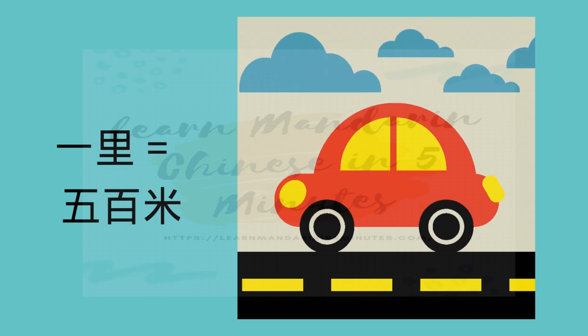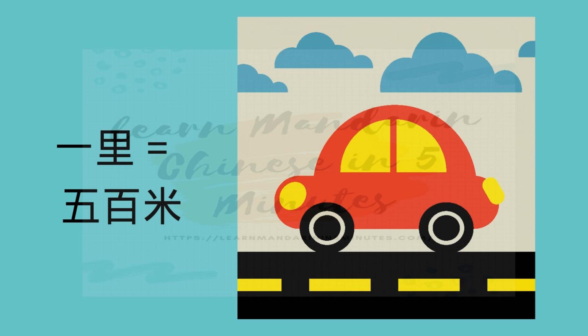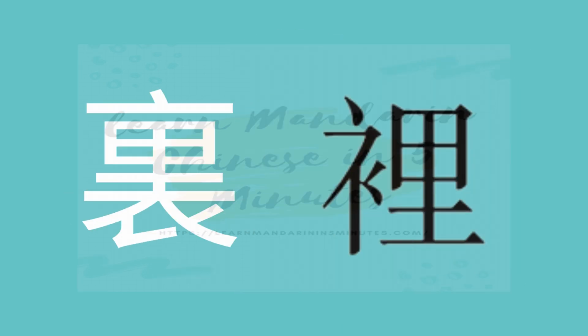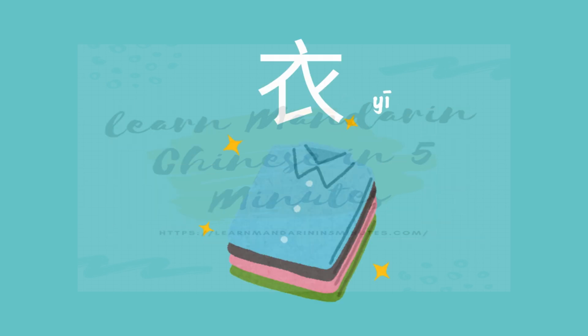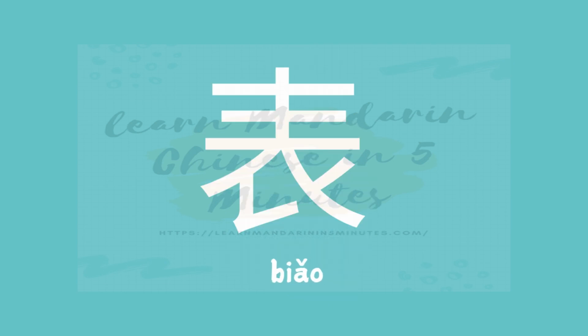One li is equal to about half a kilometer. The traditional character 裏 also appeared during the Western Zhou period and is a phonetic semantic compound. It combines the symbol for clothing, 衣, with a sound component, and its original meaning refers to the inside of clothing, opposite to 表, which means the outside.